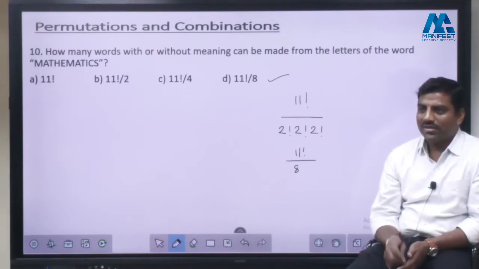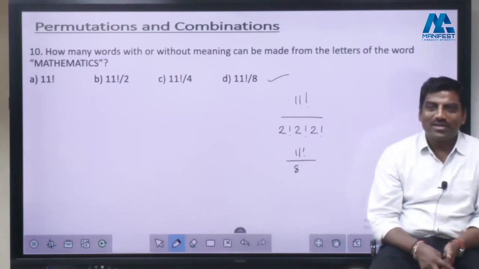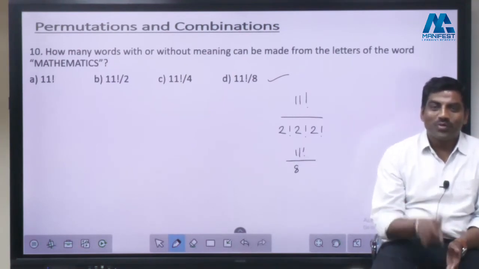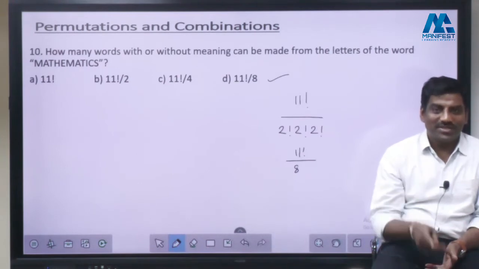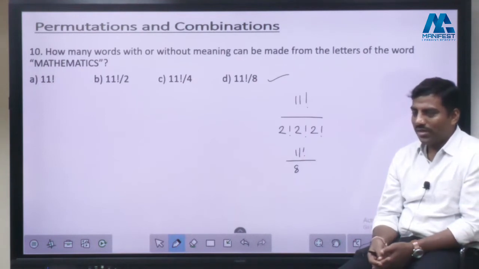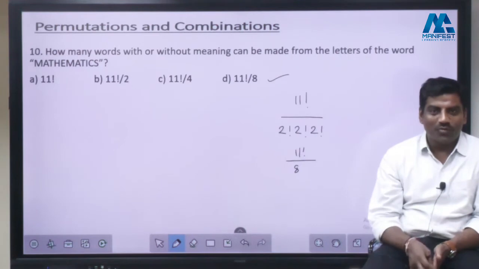Correct? Oh, A once only, right? Okay. 5 factorial by 2. What's your name? Okay, TH. So 2 factorial and 2 factorial. 9 factorial divided by 2 factorial and 2 factorial.